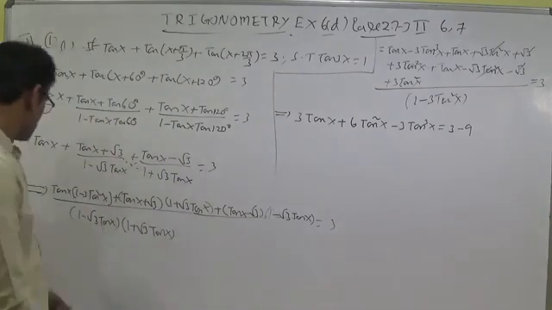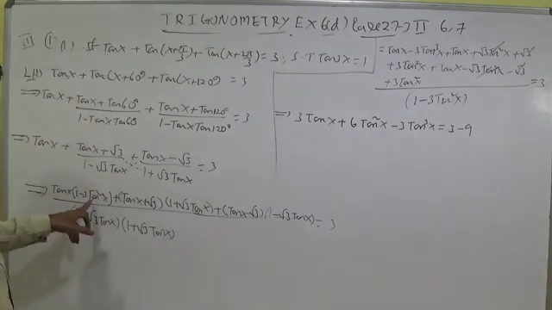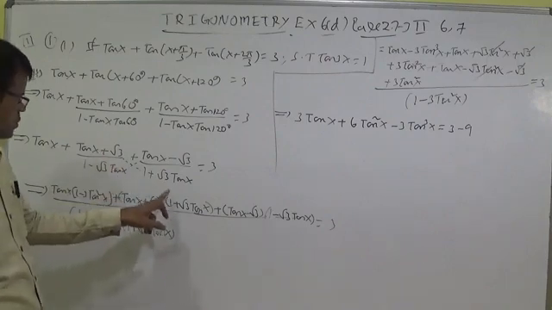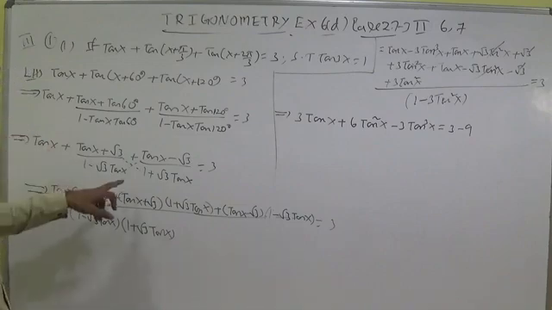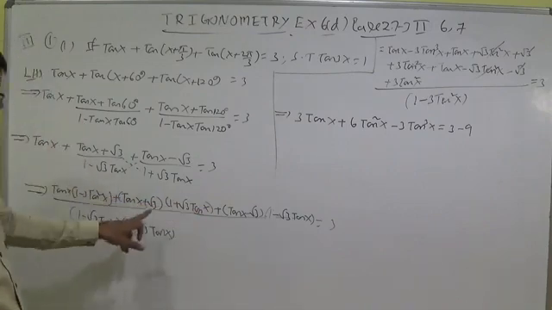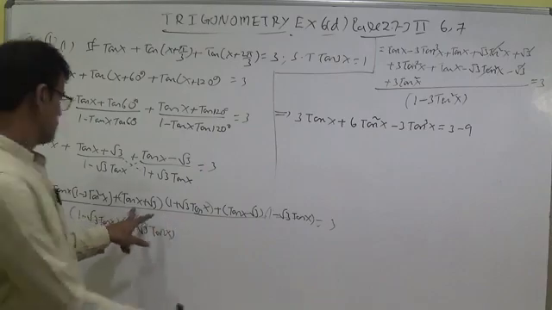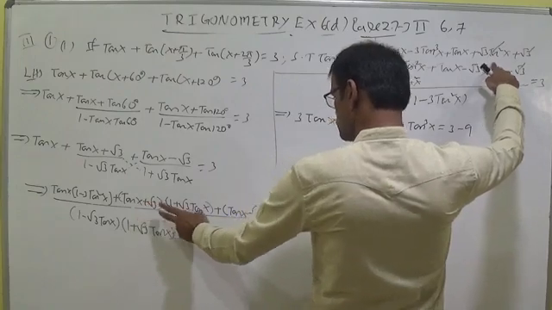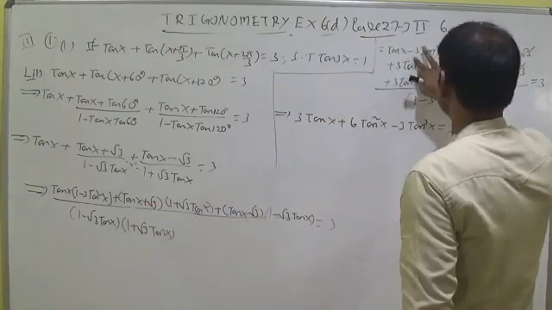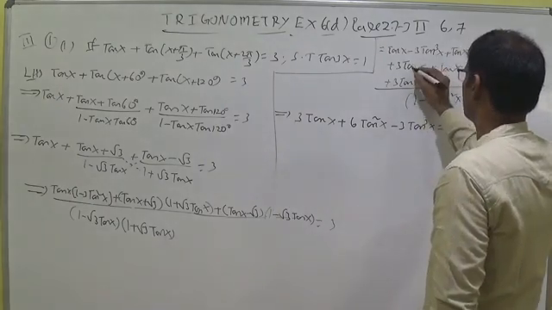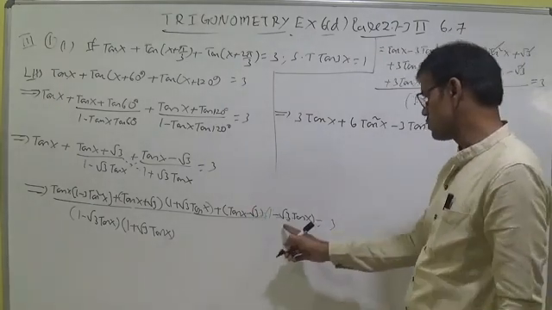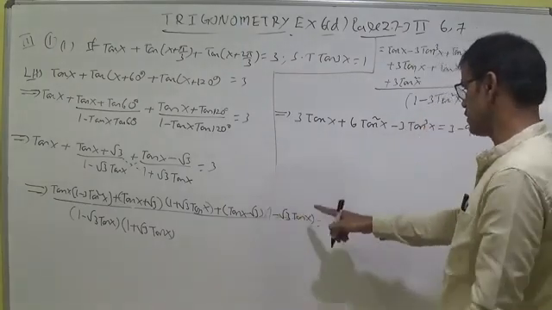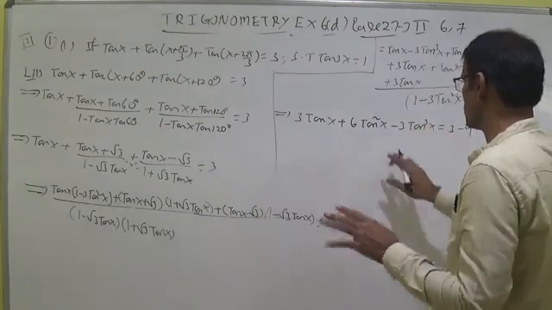Tan x into 1 minus 3 tan square x, so tan x minus 3 tan cube x. This one we have written: (tan x plus root 3) into (1 plus root 3 tan x), correct, and (tan x minus root 3) into (1 minus root 3 tan x). Multiplied, tan x into 1 plus root 3 tan x into tan x gives root 3 tan square x, so plus root 3 into root 3 means 3 only tan x. This is not tan square, I did wrong here. Next tan x into 1 is tan x, minus root 3 tan square x, minus or minus plus root 3 only tan x, not a square is there.